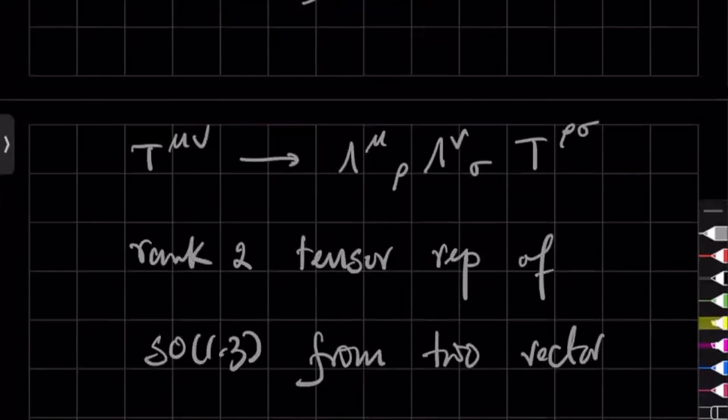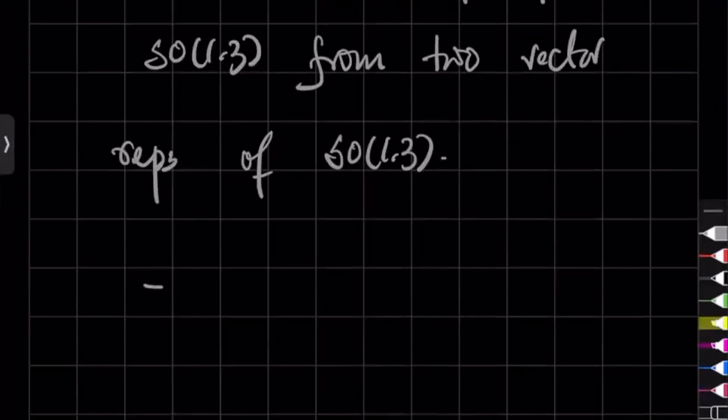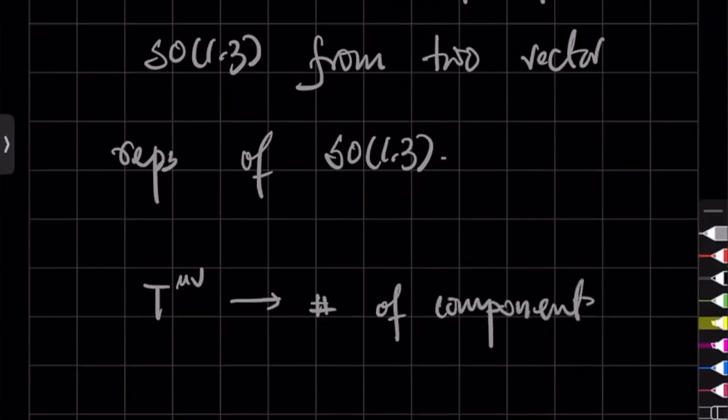Okay, so as Nahi was saying, let's count how many components T mu nu has. Can someone tell me the number of components this guy has? Mu times nu. 16.